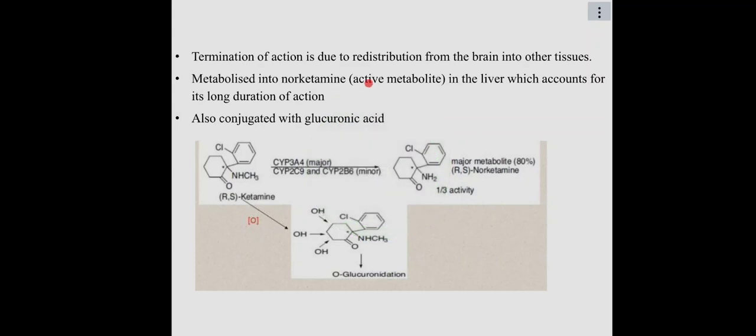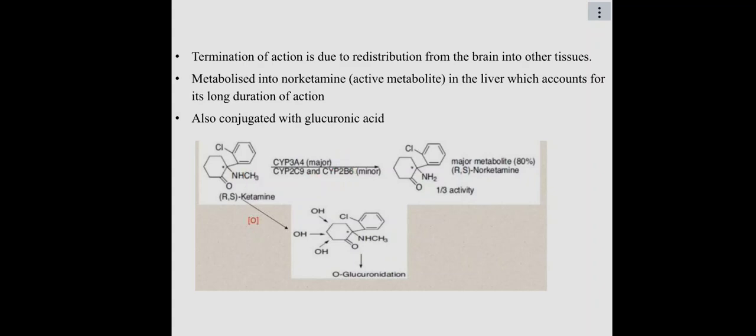Norketamine, which is still an active metabolite in the liver, accounts for its long duration of action. Norketamine is when you just have oxidative N demethylation of ketamine. Oxidative N demethylation of ketamine gives you norketamine, and you can see again that is a reaction that is catalyzed by mixed function oxidases.